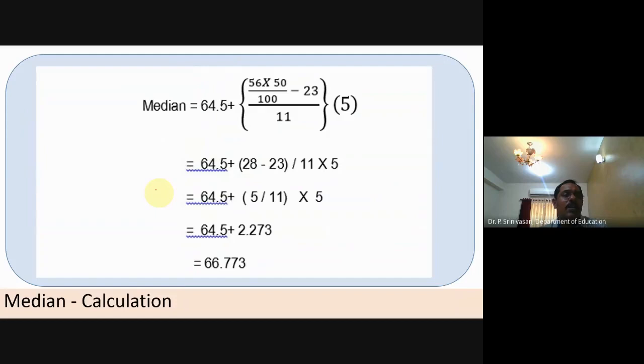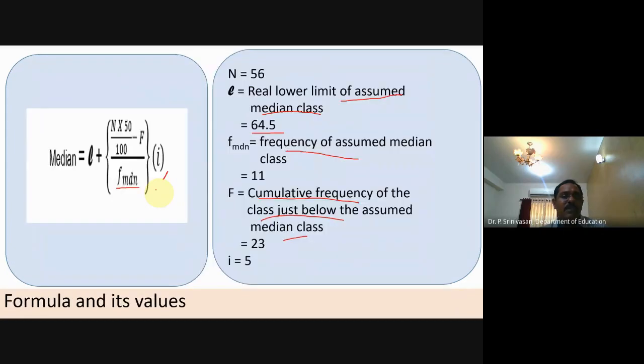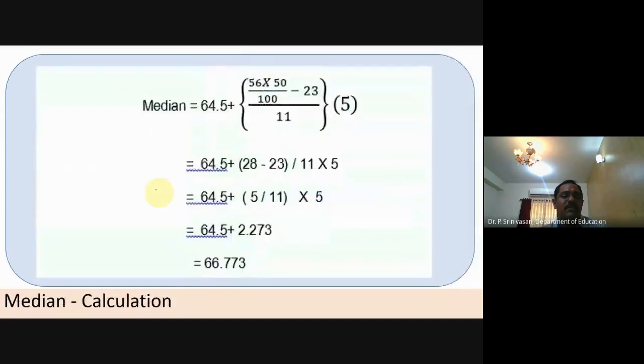Median is equal to real lower limit plus n is 56, 56 into 50 by 100, minus cumulative frequency of one class below the assumed median class, which is 23, divided by the frequency of the median class, that is 11, times class interval 5. You solve this and you will get 66.773.